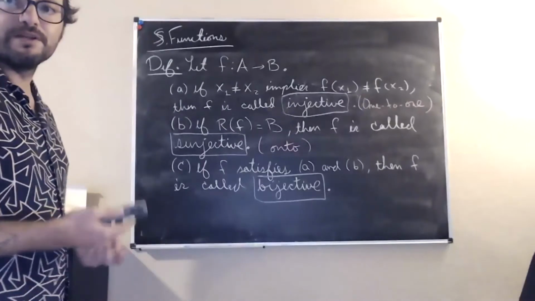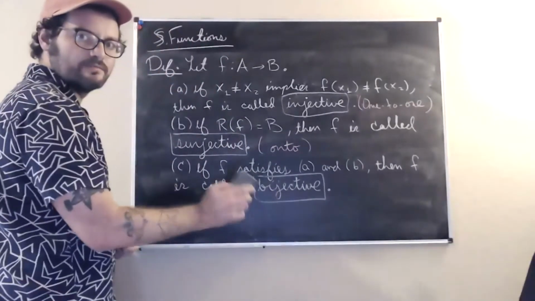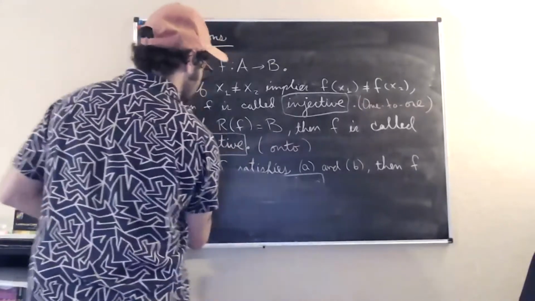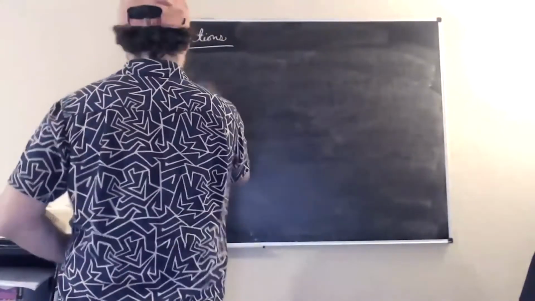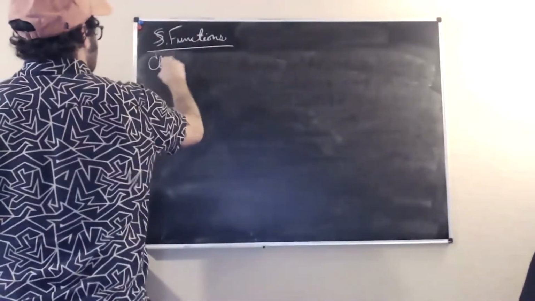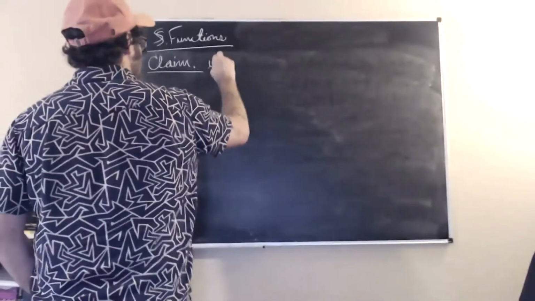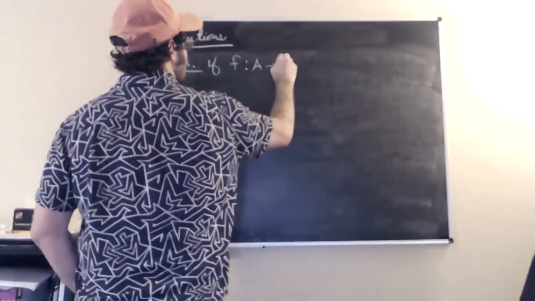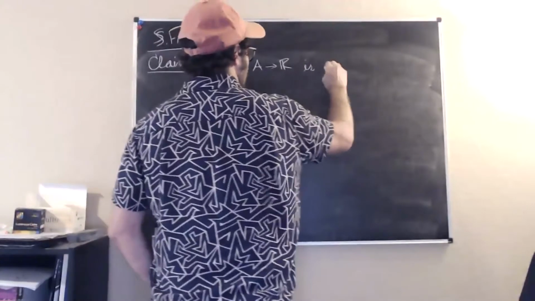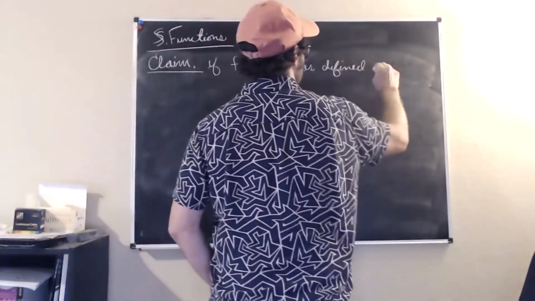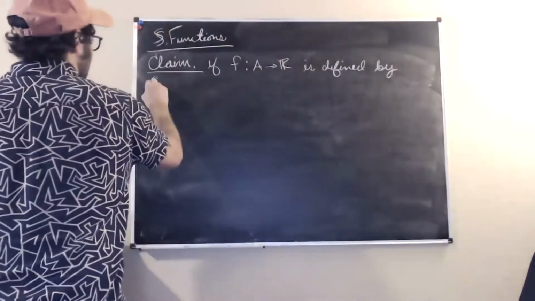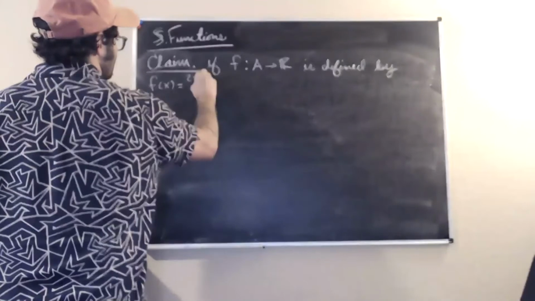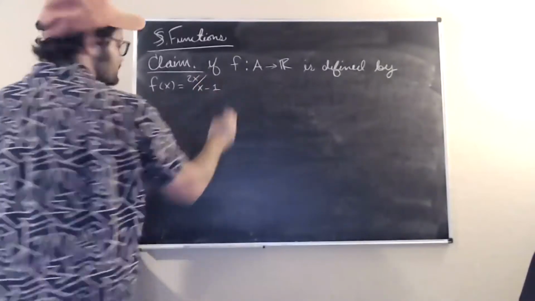Okay, so let's prove a little claim. Claim: if f maps A to R is defined by f of x equals 2x over x minus 1.